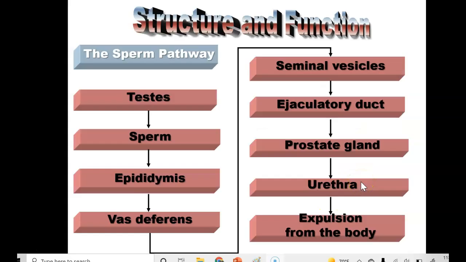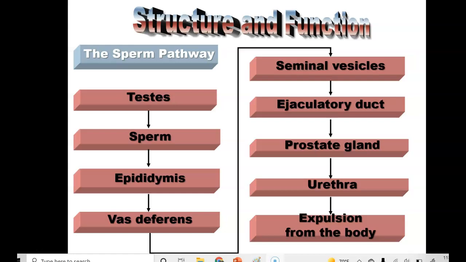So that's the anatomy. Just to quickly show you a graphic reminding you of the path that sperm will take: they start in the testes, become sperm, then go into the epididymis, vas deferens, seminal vesicle, ejaculatory duct, and prostate gland.